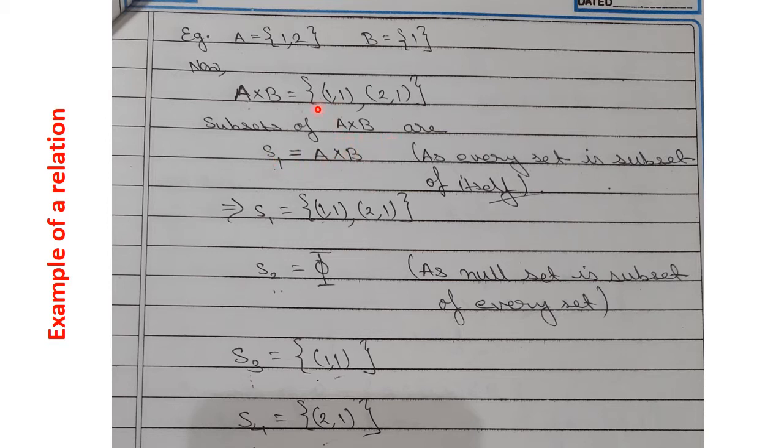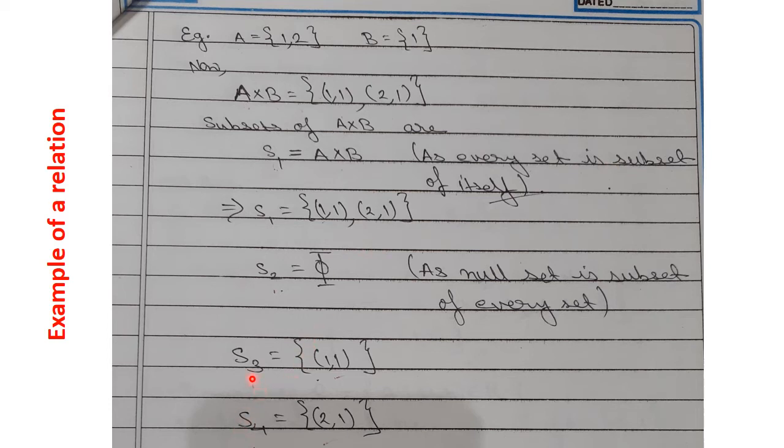Here, as A cross B has only 2 elements, the number of subsets that it will have is 2 to the power 2, that would be 4. So it will have 4 subsets. Here I'm denoting each subset in this manner: S1, S2, S3, S4. So S1 will be A cross B itself, S2 will be the null set, because the null set is a subset of every set, and S1 equals A cross B because every set is a subset of itself.